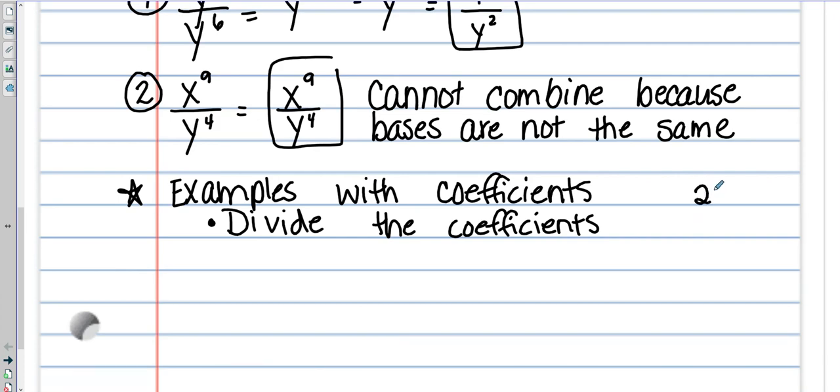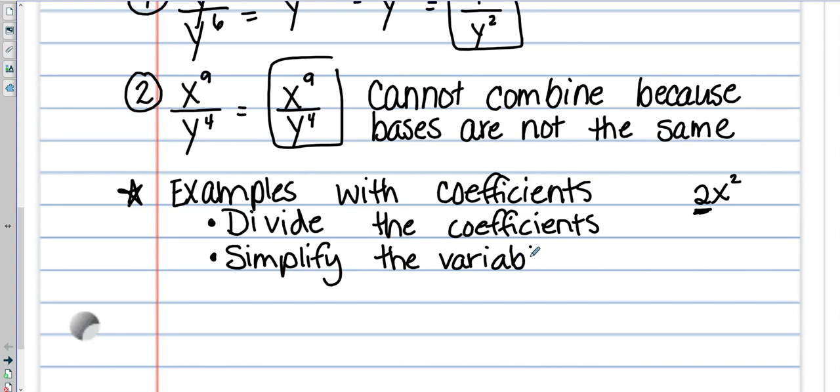For example, if you have 2x to the second power, the number in front of the variable is called the coefficient, okay? And then you always have to make sure that you simplify the variables with the quotient rule.